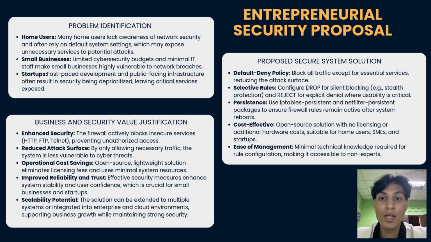For persistence, use the iptables-persistent and netfilter-persistent packages to ensure firewall rules remain active after system reboots. It is also cost effective, an open source solution with no licensing or additional hardware costs, suitable for home users, SMEs, and startups. Ease of management: minimal technical knowledge is required for rule configuration, making it accessible to non-experts.